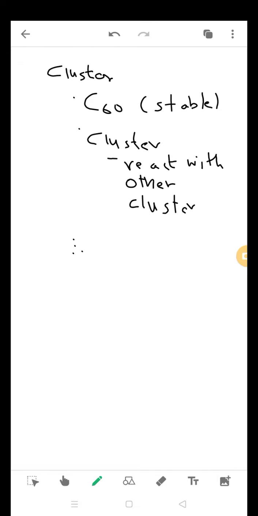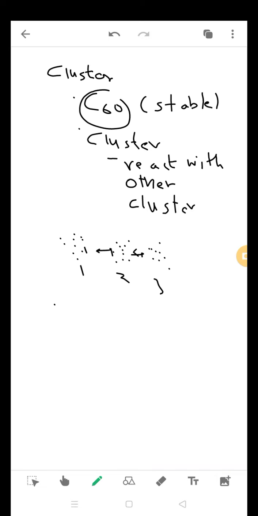That means if we have a cluster formation here and here and here, 1 and 2 and 3, they will try to interact with each other. So C60 was the predominant phase in the cluster formation.